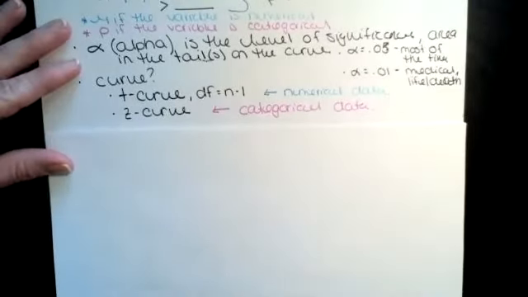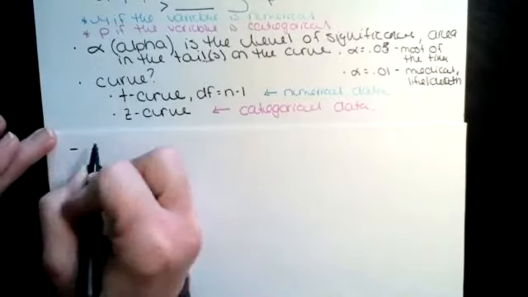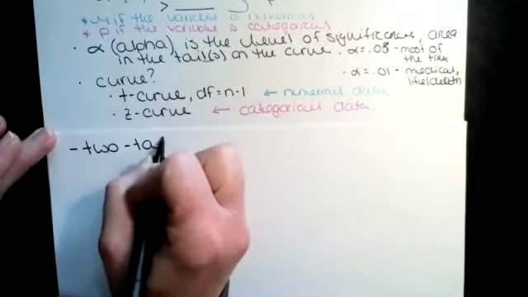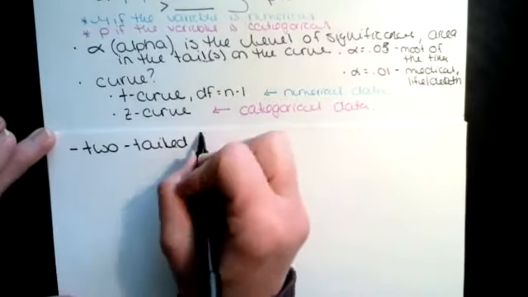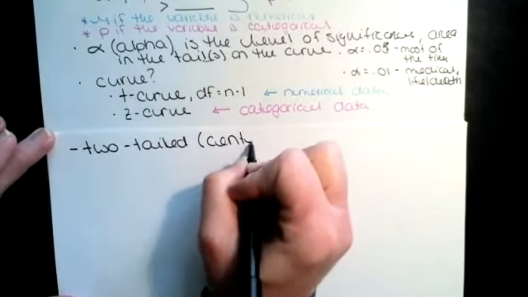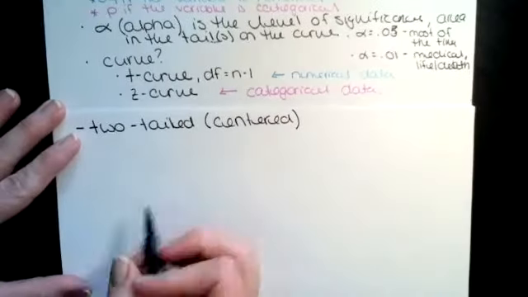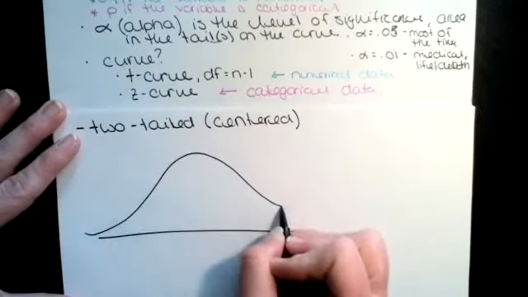So let's just take a look at some pictures of what my null and my alternative look like for the different scenarios that we have. Okay. So if we have what we call the two-tailed test, then this is centered. So very similar to our CI, it was centered. So I will have a curve like this.